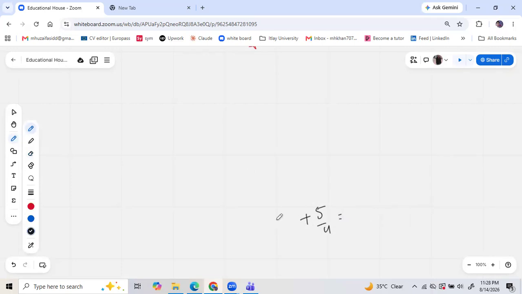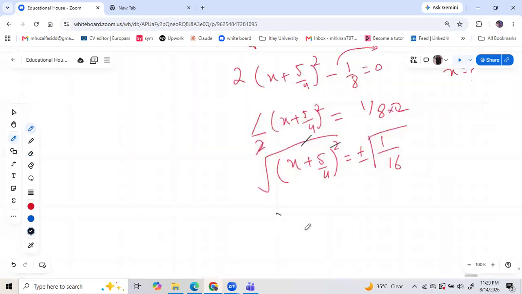X is equal to... so this is your x plus 5 over 4 is equal to plus minus.